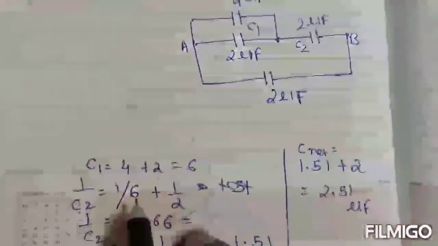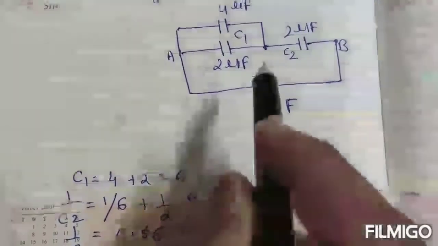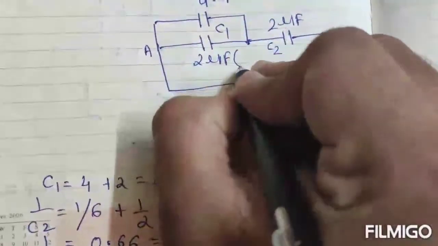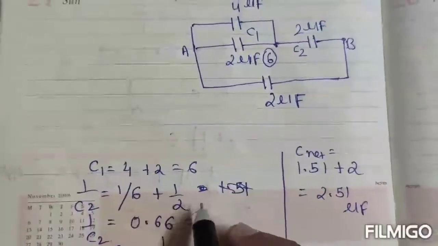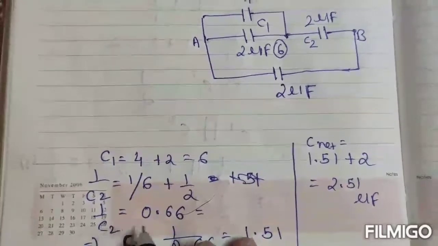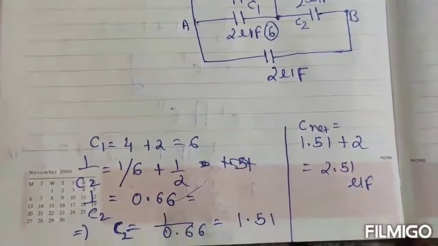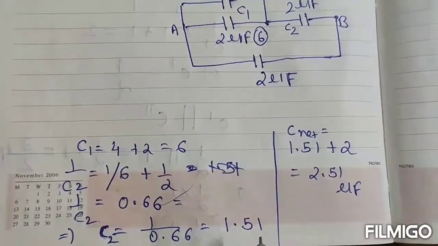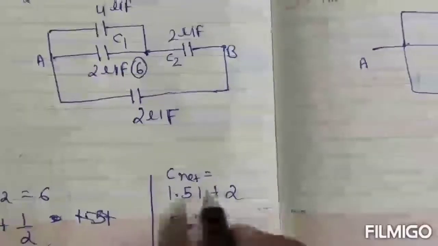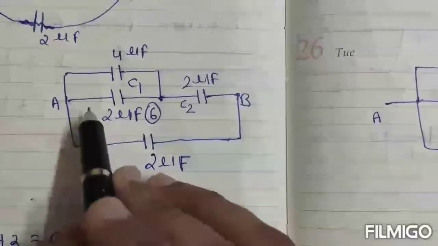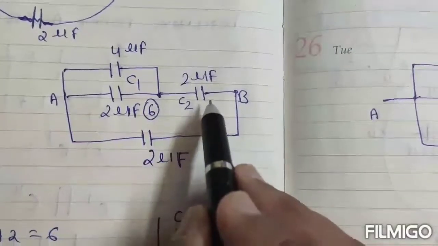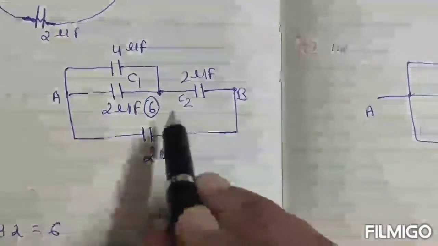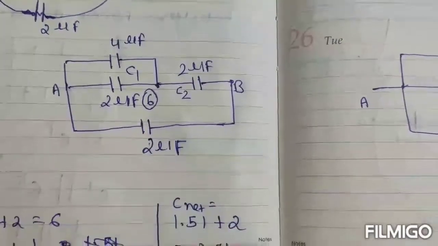So 1 by C2, as these are in series, the formula is 1 by 6 plus 1 by 2. Already I got 6 here. Answer is 1 by C2 equals 0.66. So C2 equals 1 by 0.66, so the answer is 1.51.